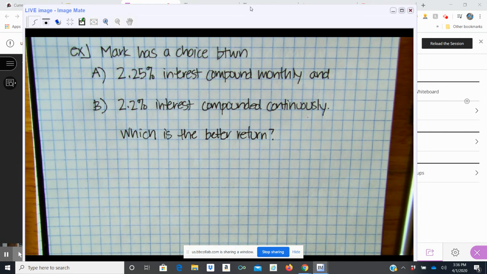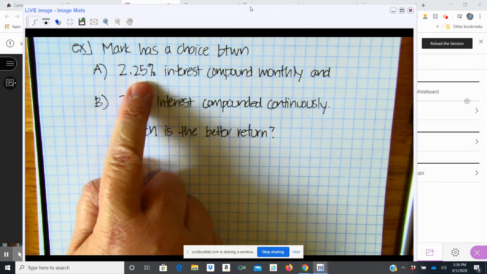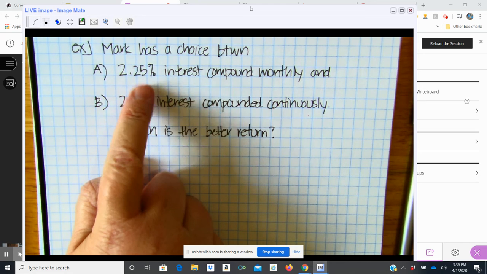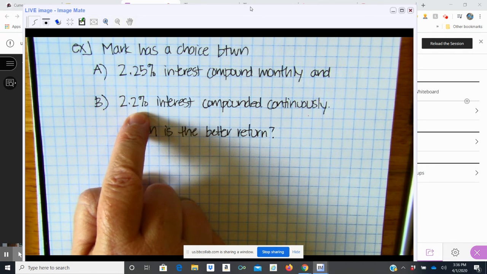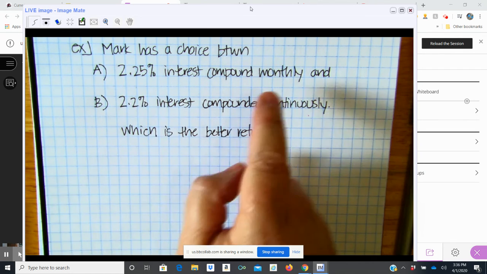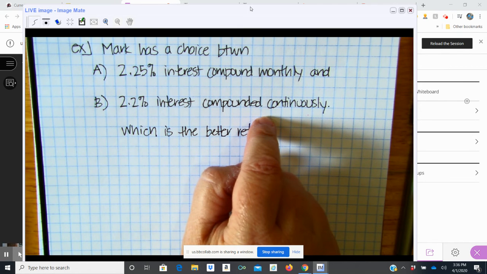Now, the 2.25% does have higher interest. This is a higher interest rate. So it may seem that this is automatically going to be better than 2.2. However, the more often you compound, the better your interest return is.